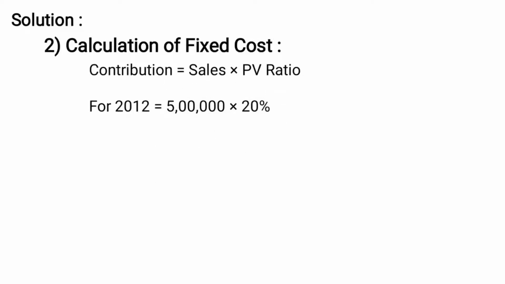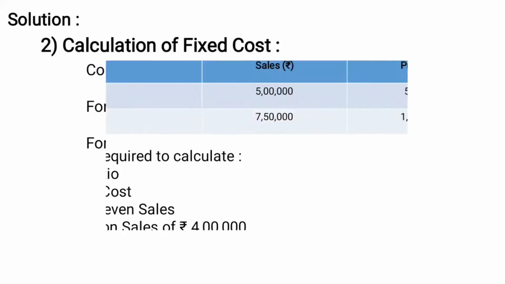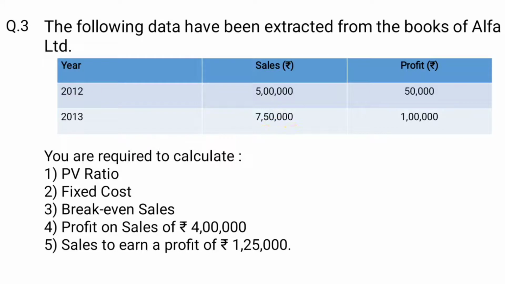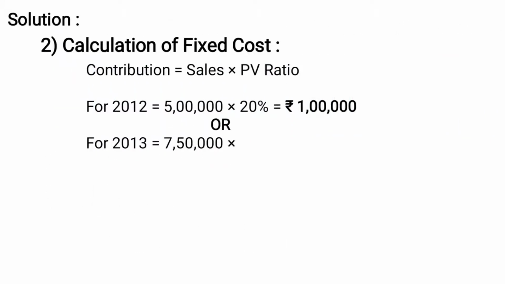So into 20%, which will be equal to rupees 1 lakh. Or for 2013, sales amount is given as rupees 7,50,000 into PV ratio, which is 20%. So the amount will be rupees 1,50,000.